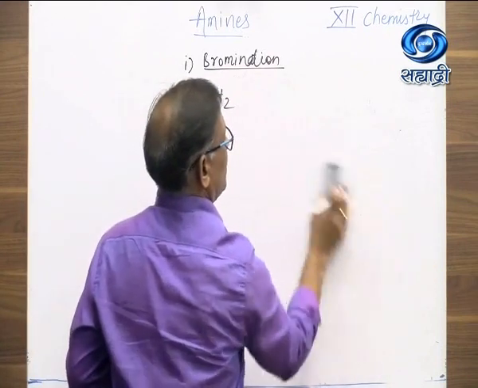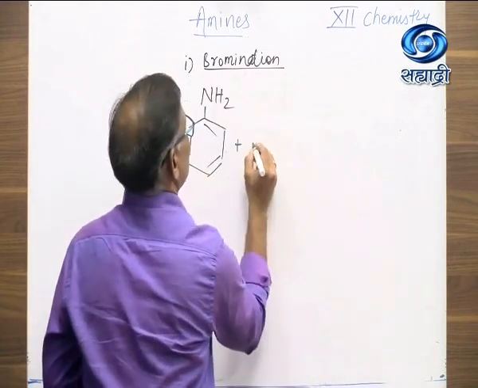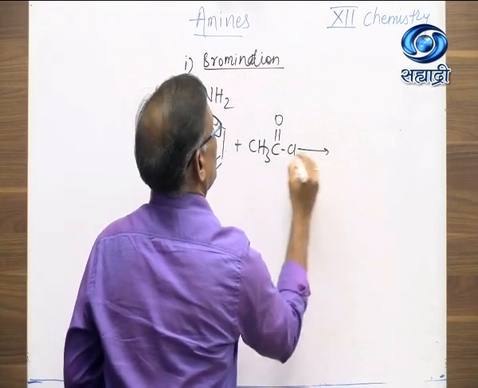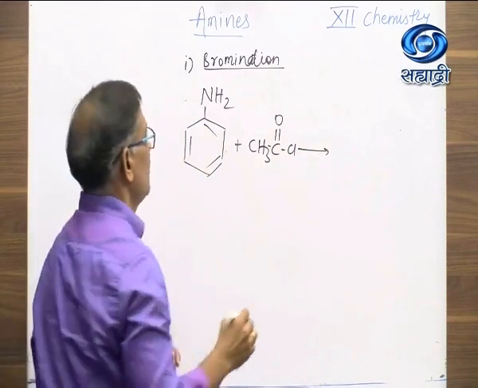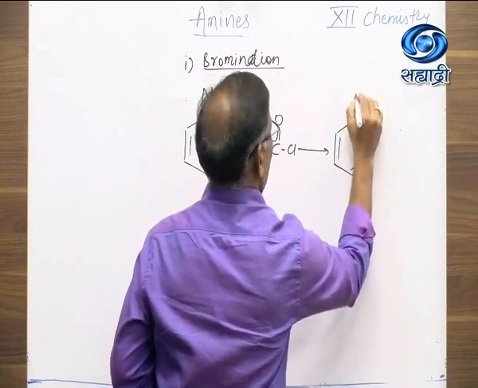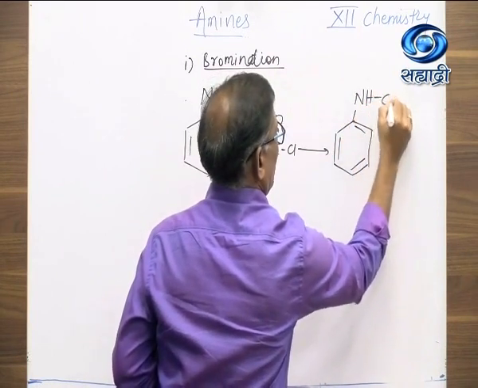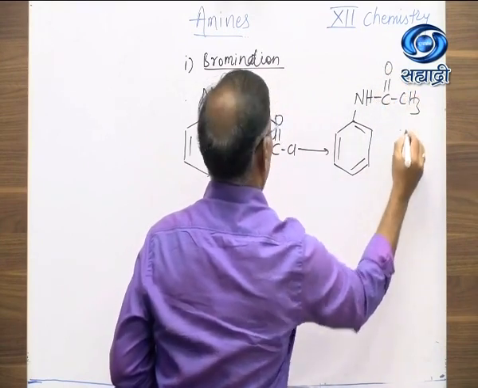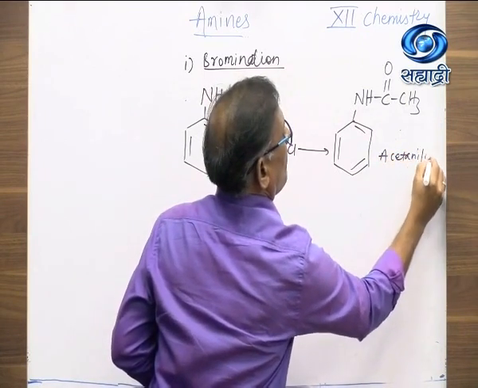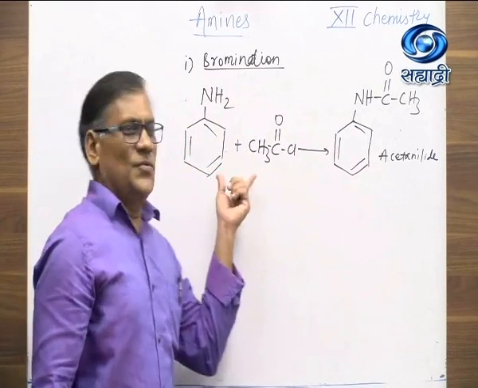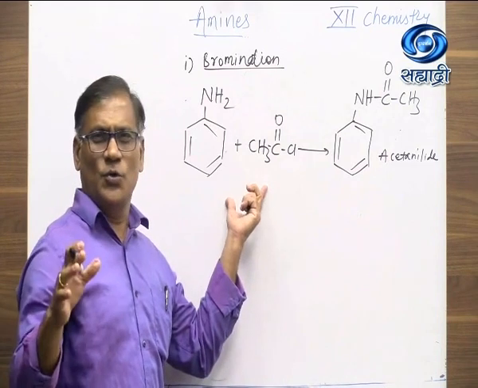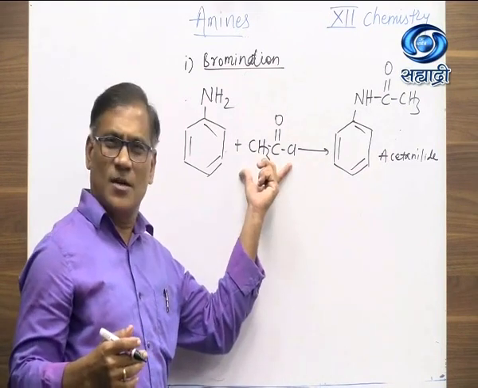So when aniline is treated with acetyl chloride, what happens? See, students, to prepare mono-substituted aniline derivatives, first of all, as I have already told you, the reaction is carried out with acetyl chloride.